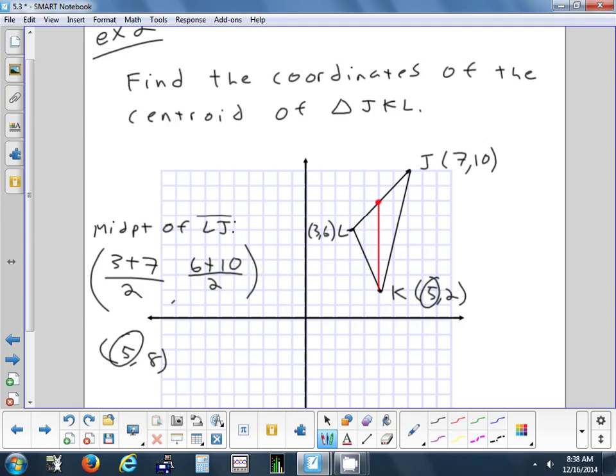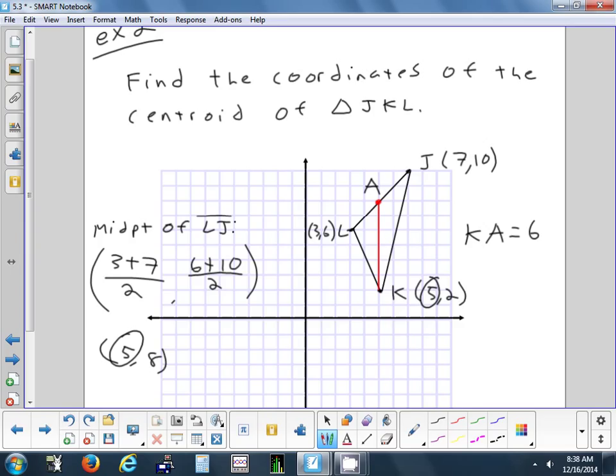If the x values are the same, that gives you vertical lines, 2 points that are vertical. Okay. So let's label this A. So segment KA equals 6 units long.